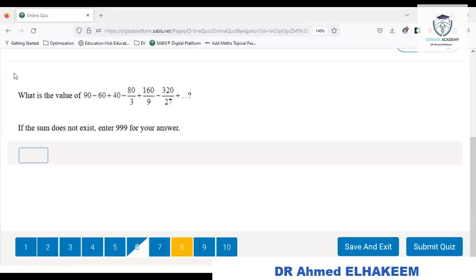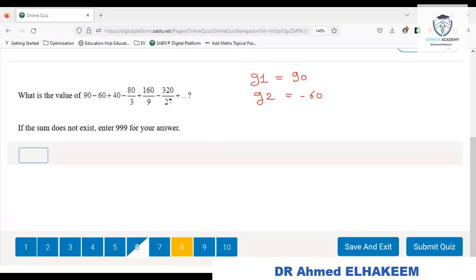What is this? This is a sequence, yes? So progression. We have the first term G1 is equal to 90. What about G2? G2 is equal to negative 60. This seems to be an infinite sum.